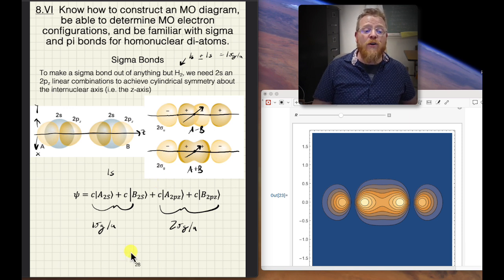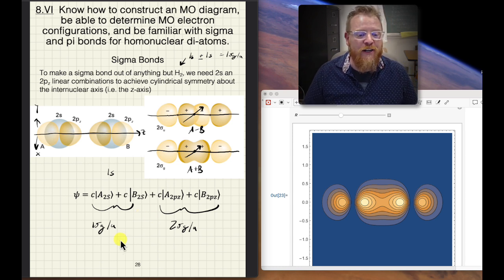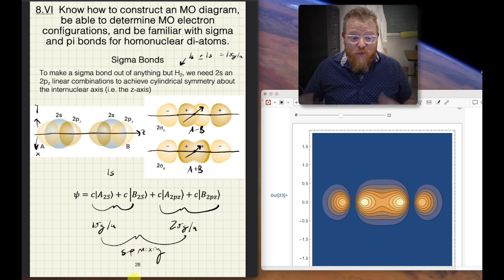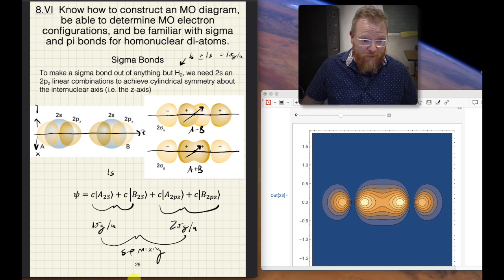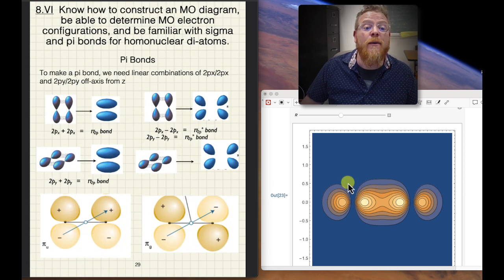And now it's also important to note that as we get into atoms which contain both 2s and 2pz electrons, we can actually get further mixing known as s and p mixing, which is going to change the energy of our sigma orbital depending on whether it came from combinations of 2s, 2pz, or combinations of both 2s and 2pz. So that's what s and p mixing is referring to. But before we get into that, let's talk about pi bonds.